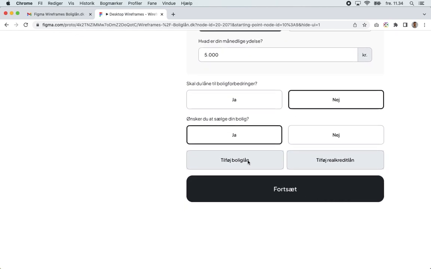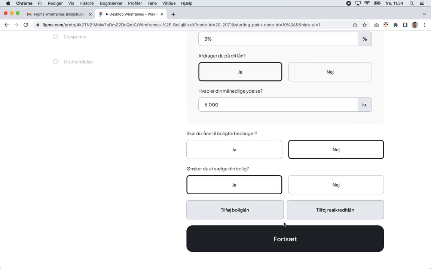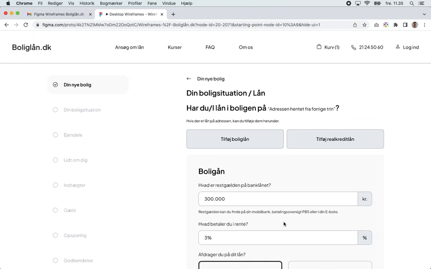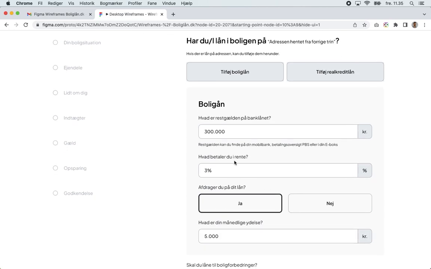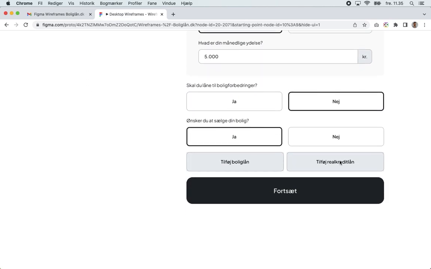What is this? I'm not sure what this is. If you have a boliglån in your ejerbolig. In my andel right now? Yes. Okay. But maybe you have more. Maybe you have several.